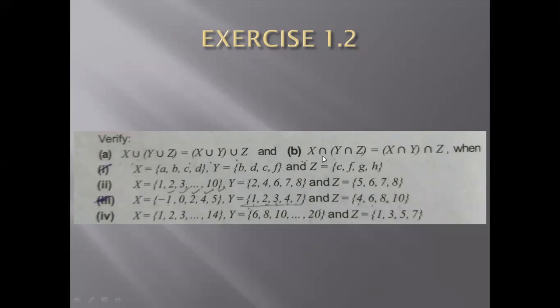I told you that many times they write in words: prove the associative law of union and prove the associative law of intersection. But in our question, they mention the laws already. It means we find the left hand side and the right hand side, and then we show that both sides are equal. I did part 3 for you.